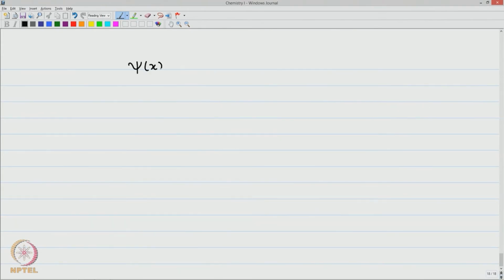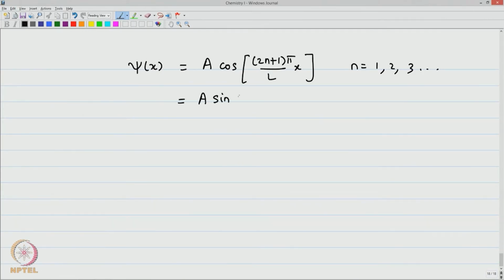Psi of x is equal to some normalization constant times cos of (2n plus 1) pi by L x, and this is for n equal to 1, 2, 3, etc., or it is a sin of 2n pi by L x, again n equal to 1, 2, 3, etc. And the energy, of course, E n is the same, it does not change, it is h square n square by 8 m L square.